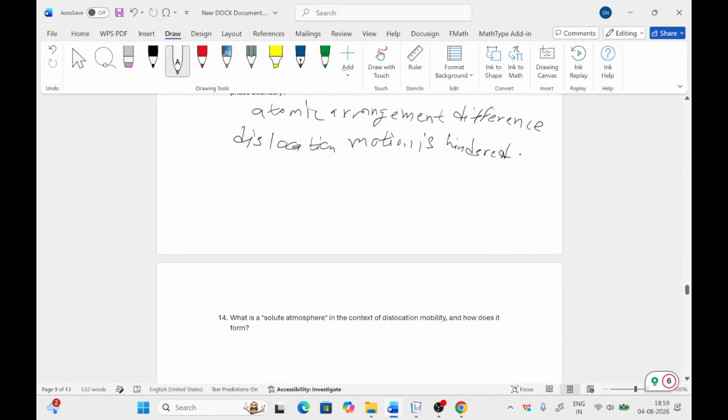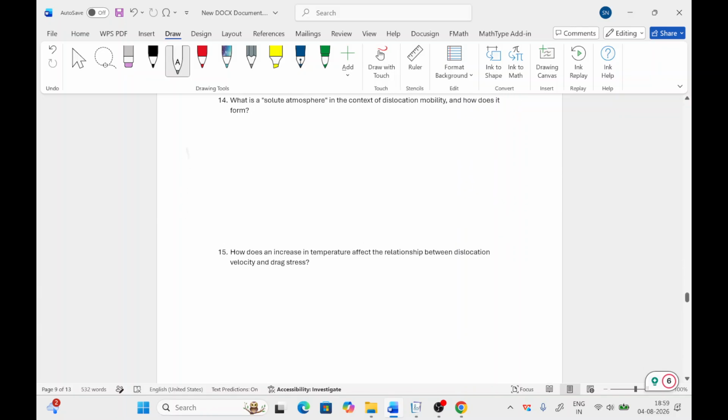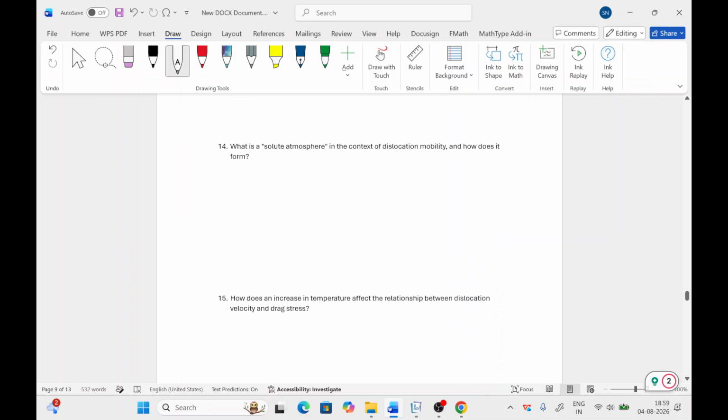Next question is, what is the solute atmosphere in the context of dislocation mobility and how does it form? So we know that if AB interaction is not favorable, then a cluster of atoms forms.